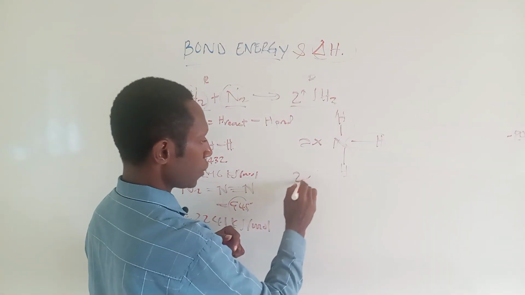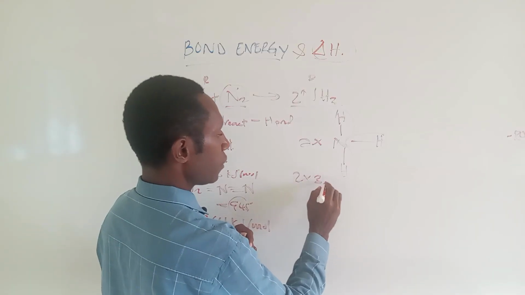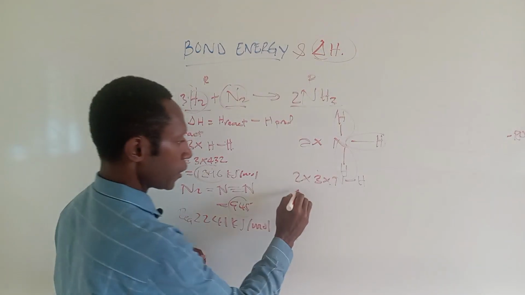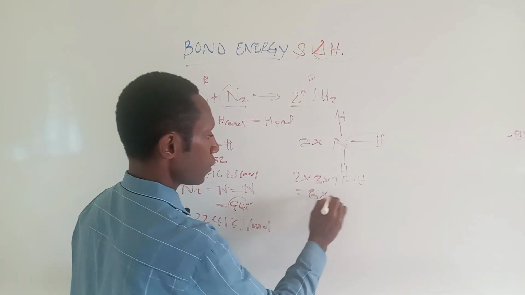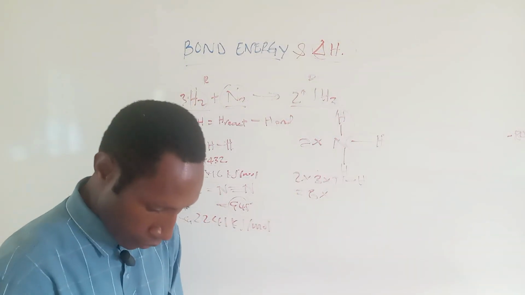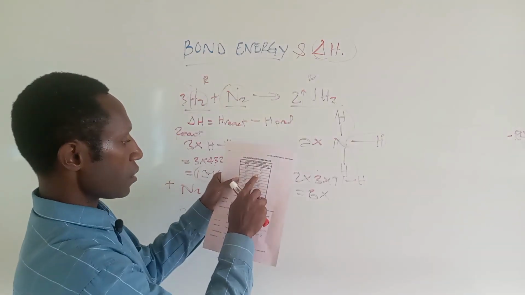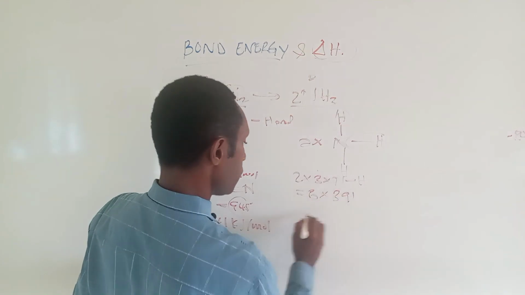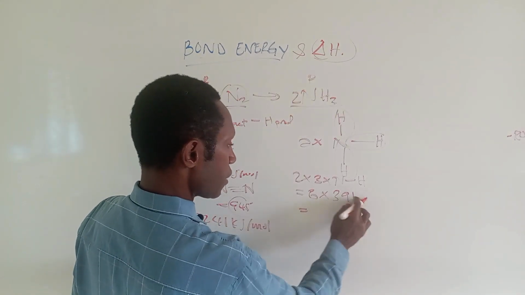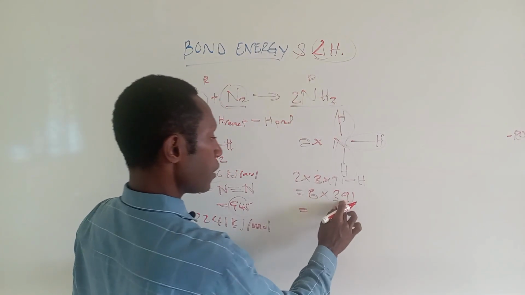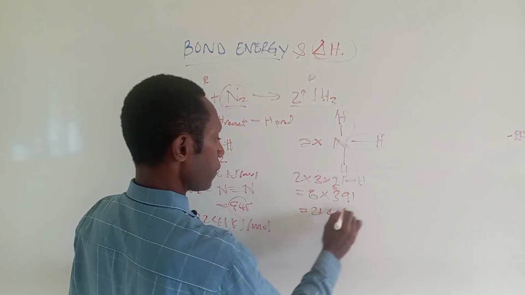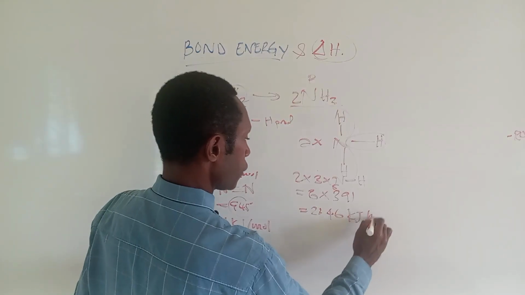So we're going to write 2 times 3 times the NH bond. So 2 times 3 is 6 times NH. According to this one, NH is 391. 6 times 391, that's for the products.